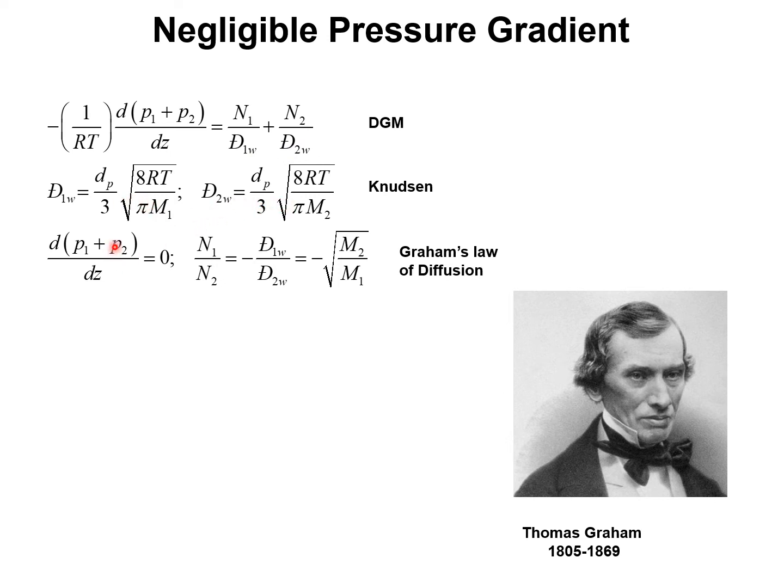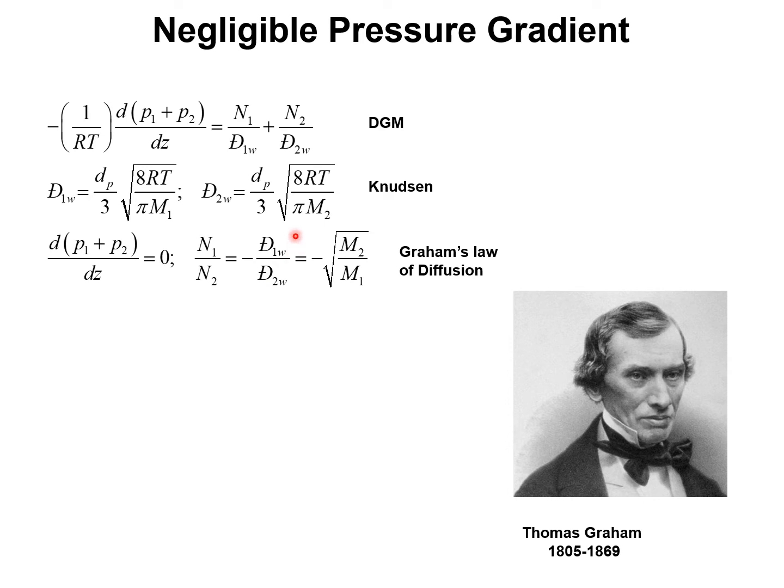we have, for the special case where there is negligible gradient of total pressure, that the ratio of the flux of component 1 to the flux of component 2 is the negative of the diffusivity of component 1 with respect to the diffusivity of component 2.